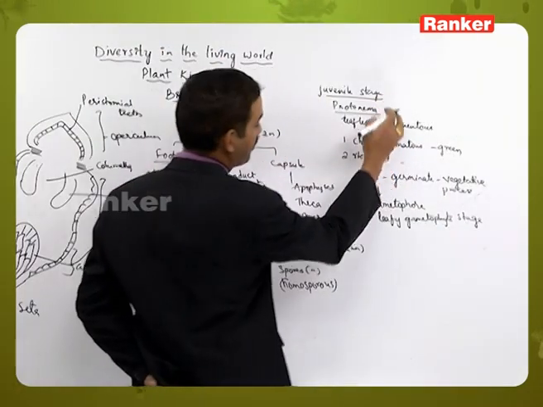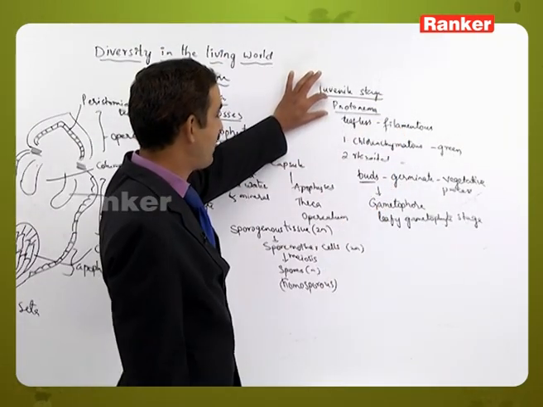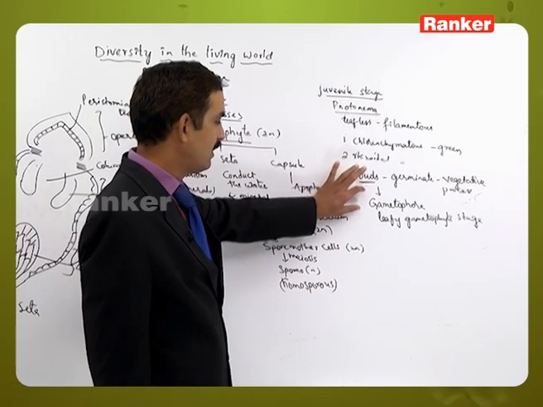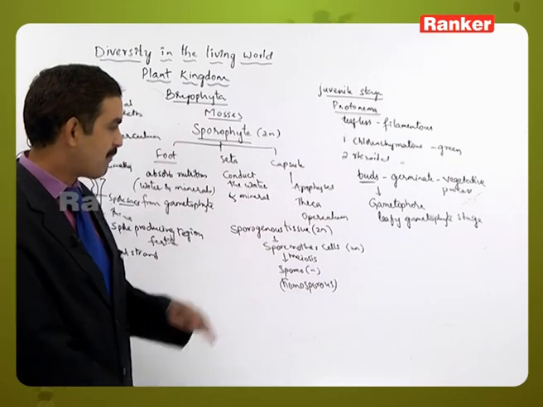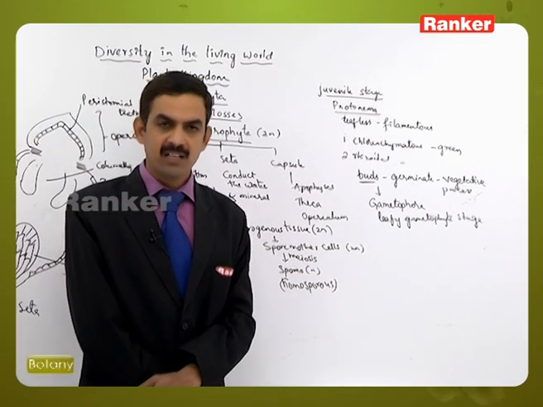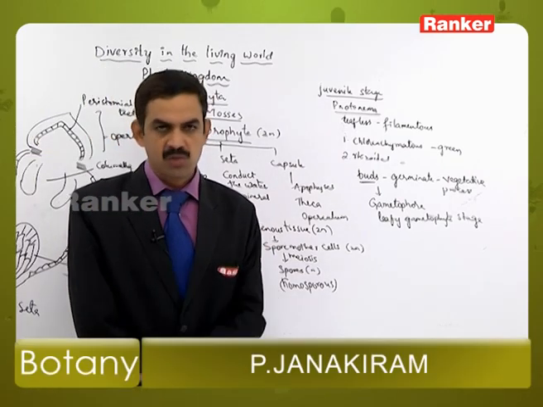That means the gametophytic generation has two plant bodies, one is the protonema and the adult stage, called the gametophore. Likewise, once again the gametophyte has been formed. So once again the life process will go on.